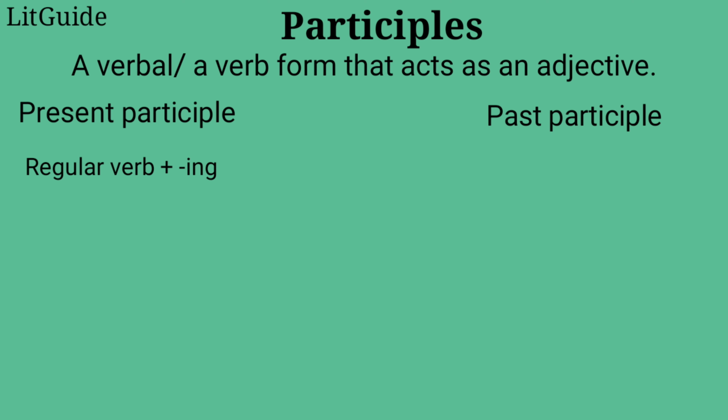It functions as an adjective and always indicates continuous tenses. For example, the burning log fell off the fire. Here, the word burning is the present participle form of the verb burn. In this sentence, it functions as an adjective that describes the noun log.